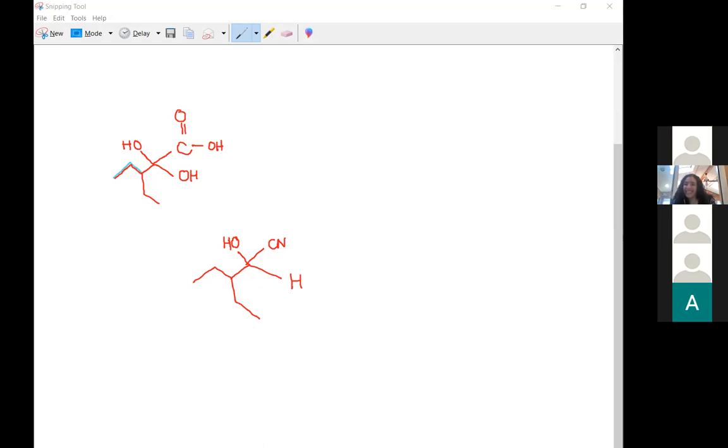The carbon you have on the top left, in the carboxylic acid, came from the carbon of the nitrile. Okay. You have one OH, which is here. How did the second hydrogen on the bottom structure become an OH?